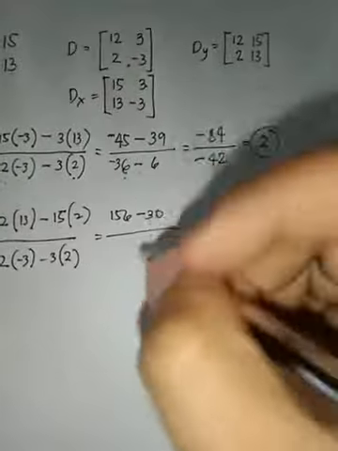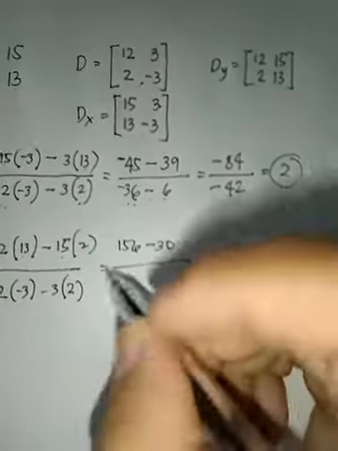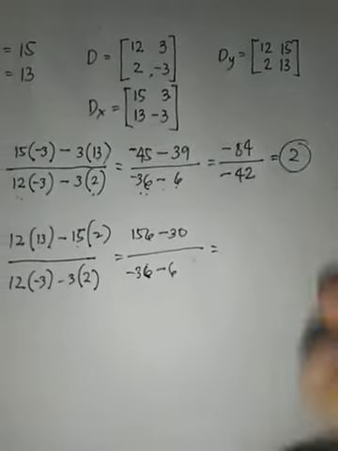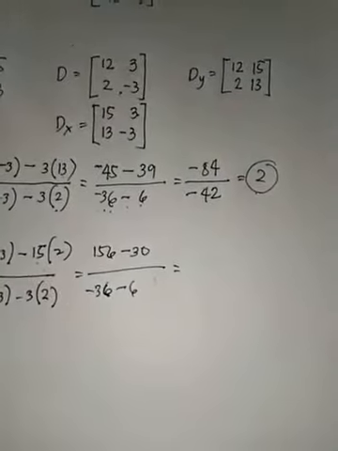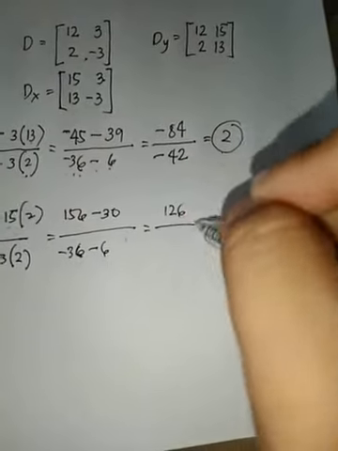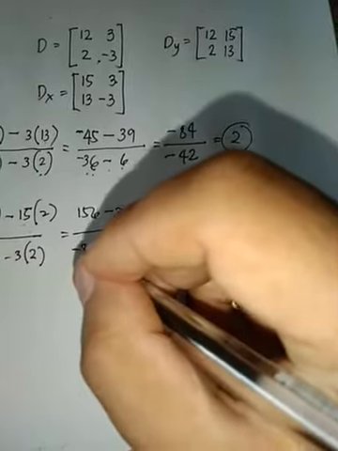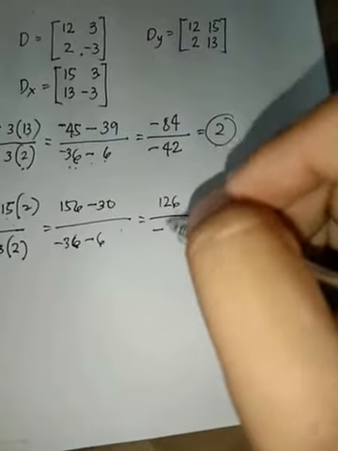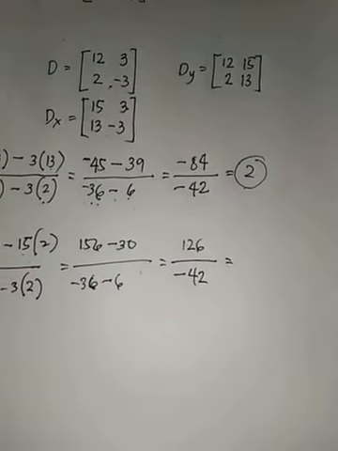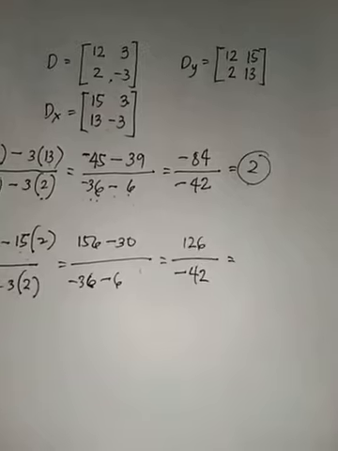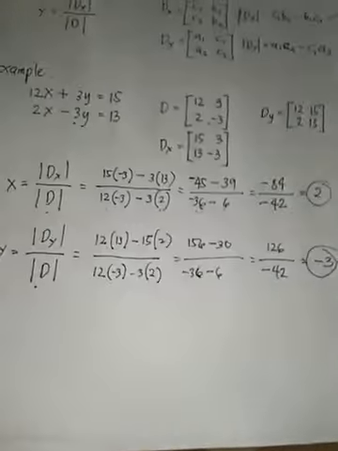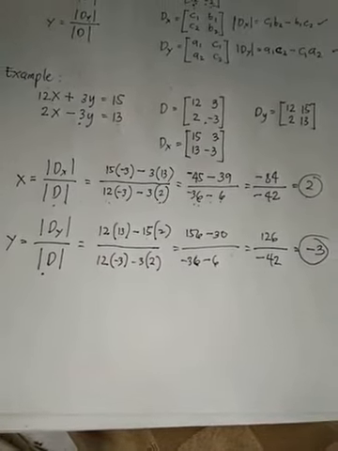Divide it by negative 36 minus 6. 156 minus 30, it's 126 divided by negative 42. So 126, divide natin siya sa negative 42, the result is negative 3. Yan. So our y is negative 3.